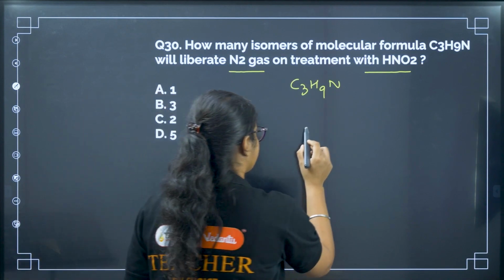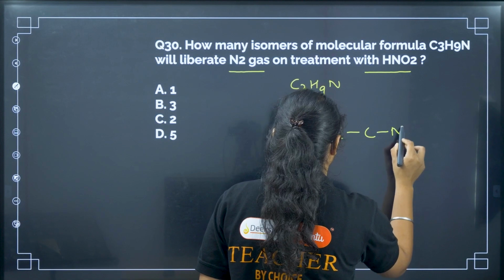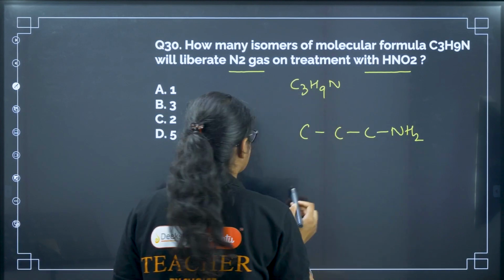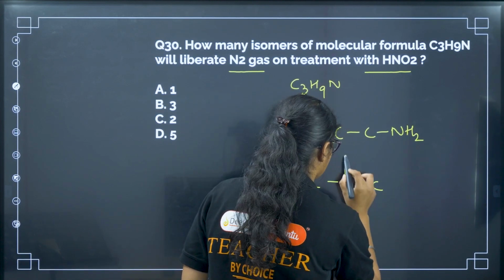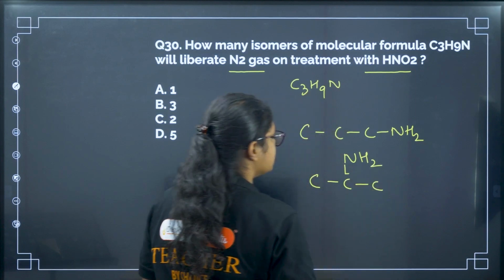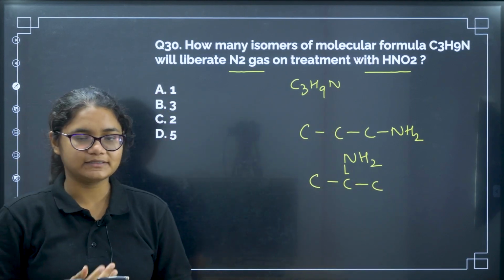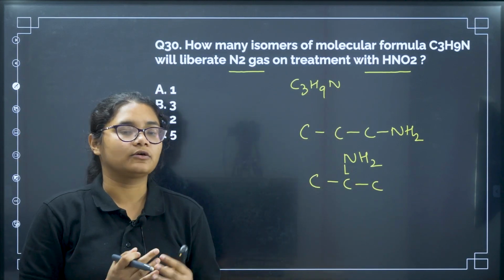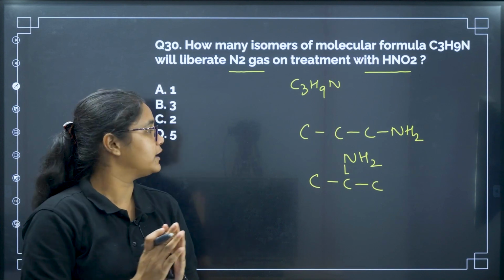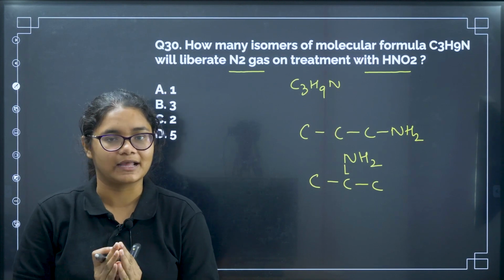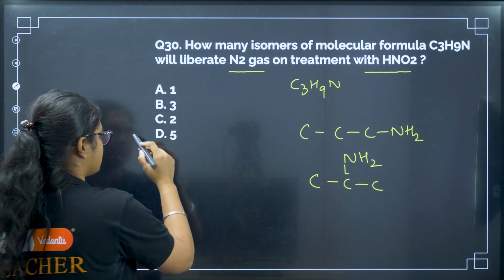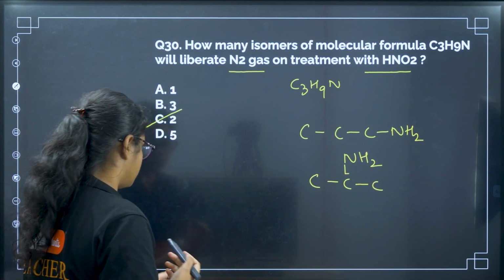One is propanamine, and next we can have isopropylamine. These both are primary amines and they both will give you alcohol and N2 gas on treatment with nitric acid. So the number of isomers possible is 2. So correct answer is option number C.